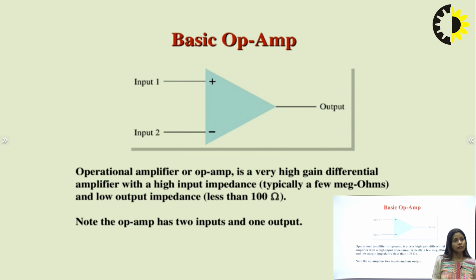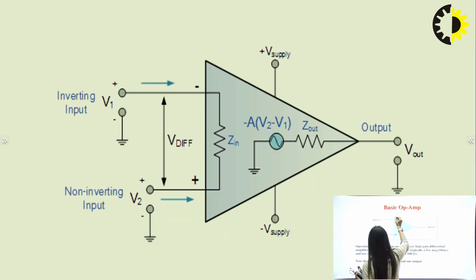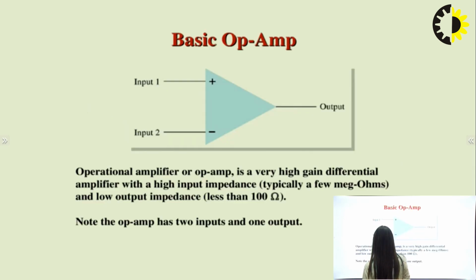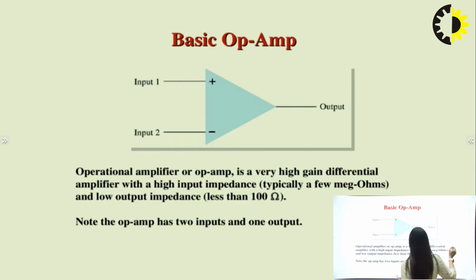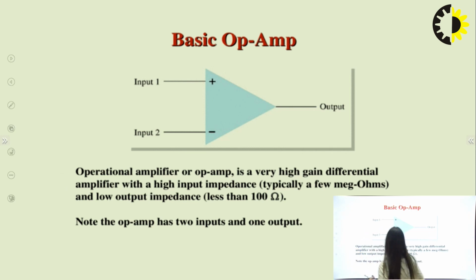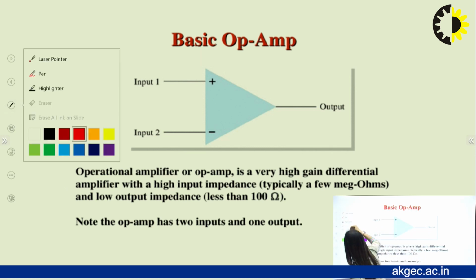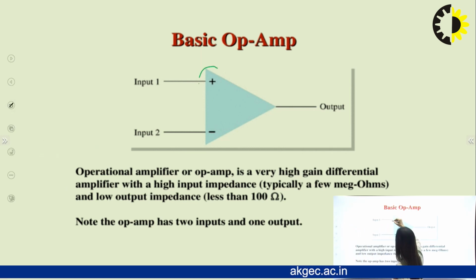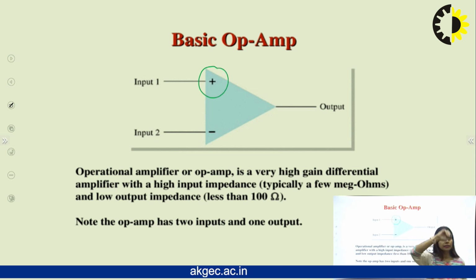So here, considering there are 2 inputs for any operational amplifier and 1 output. The first input is input 1. This is positive.